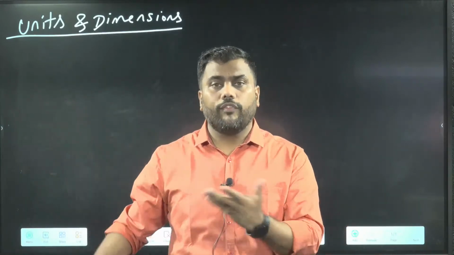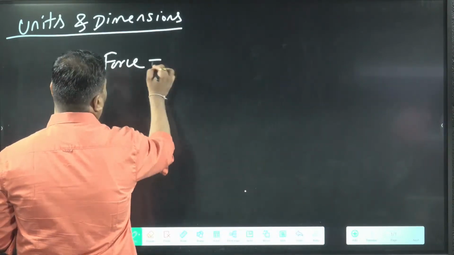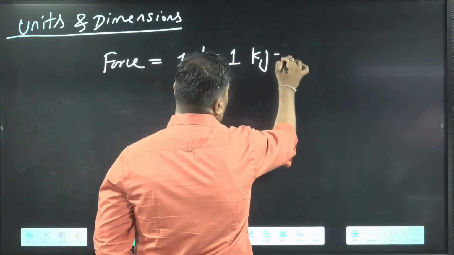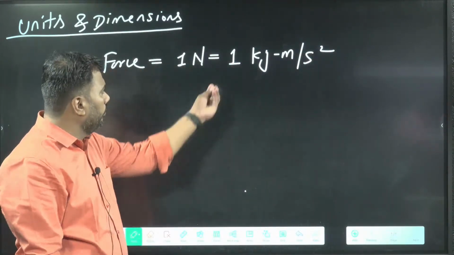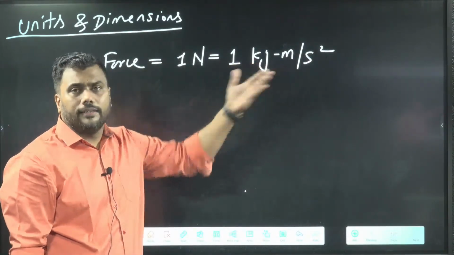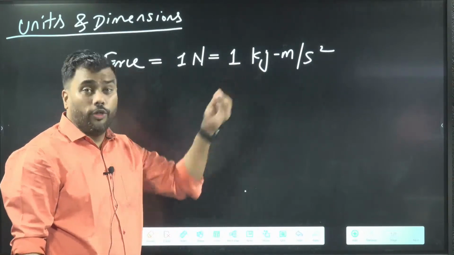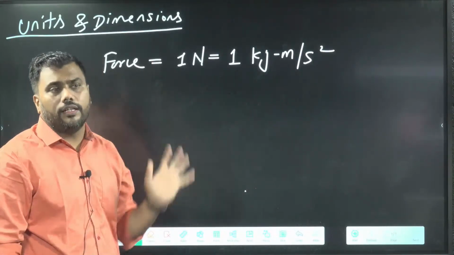For example, the unit of force is Newton, which is nothing but 1 kilogram meter per second square. Kilogram, meter, second are units of mass, length, and time. So using the units of basic or fundamental physical quantities, we can define the unit of any other derived quantity.